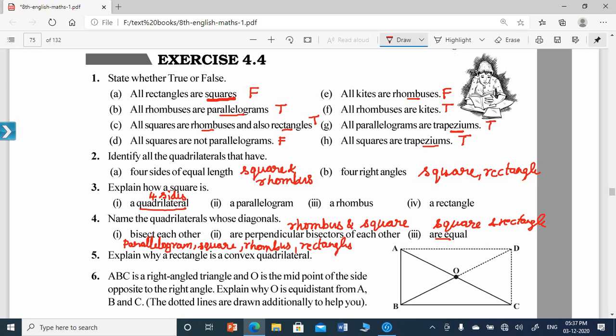Convex quadrilateral is a quadrilateral in which all the interior angles are less than 180 degree. Then the quadrilateral is called convex quadrilateral. In rectangle, all the angles are less than 180 degree, therefore rectangle is a convex quadrilateral.